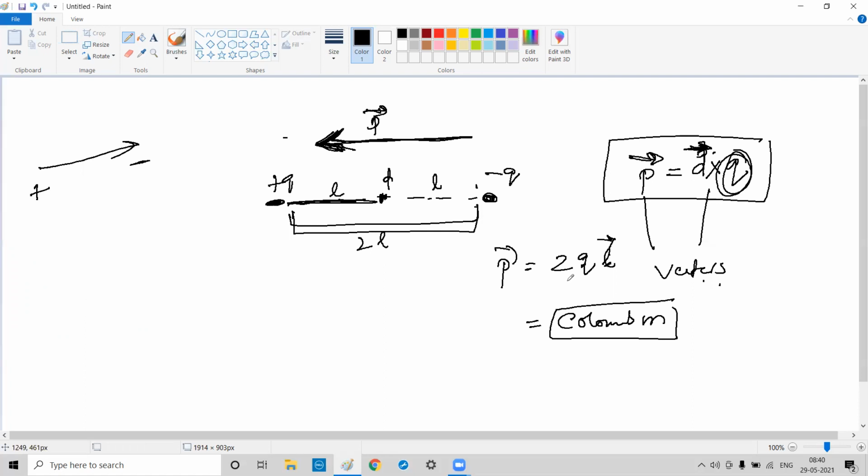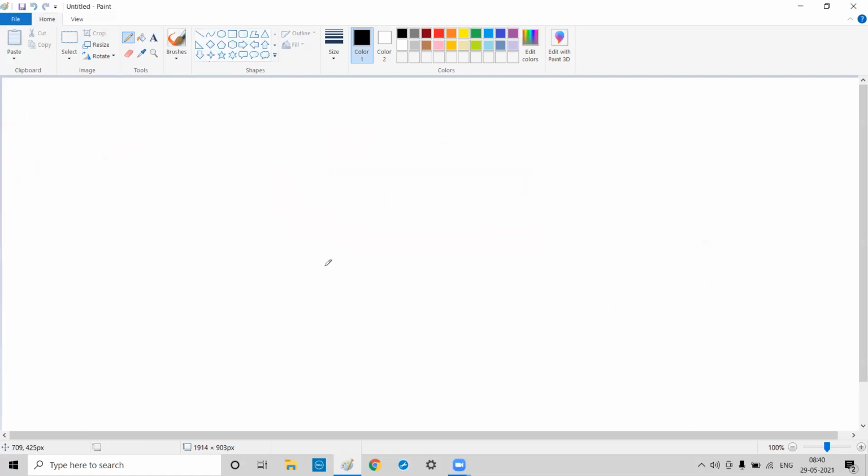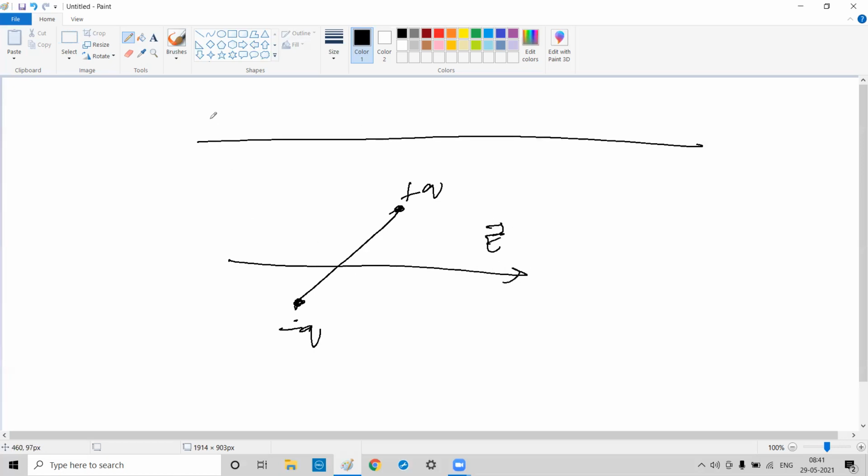Now we will study what happens if you put a dipole in an electric field. Just an intro. If you put a dipole in the electric field, it will basically rotate. This is minus q, this is plus q, and this is the electric field, from this side to this side.